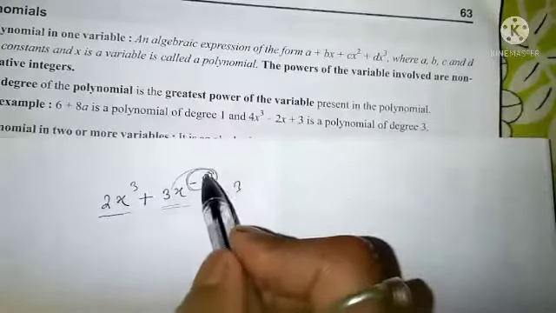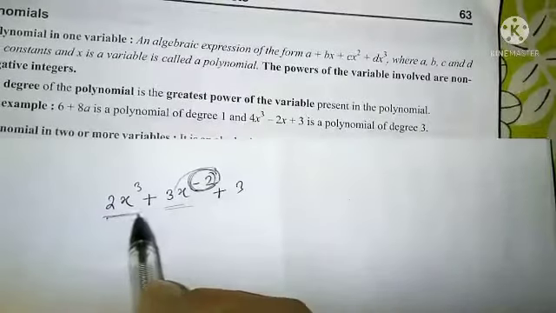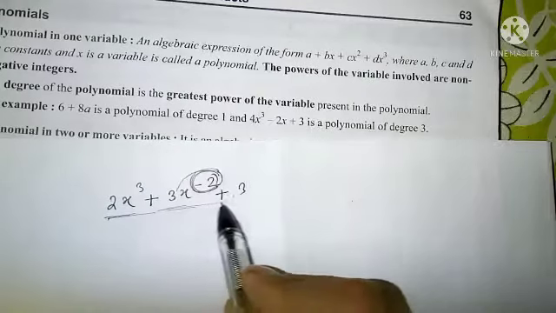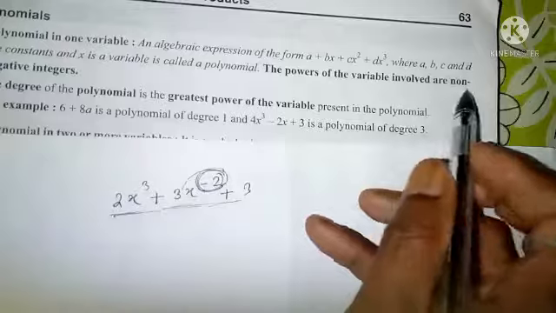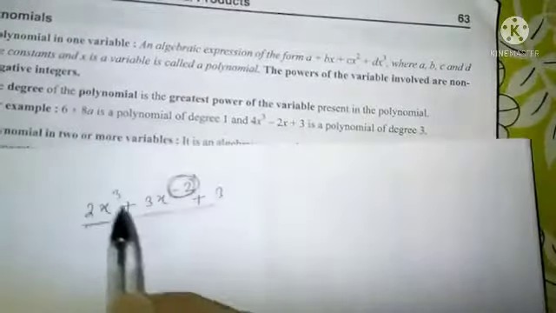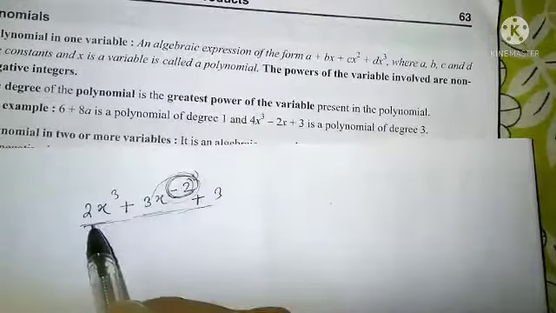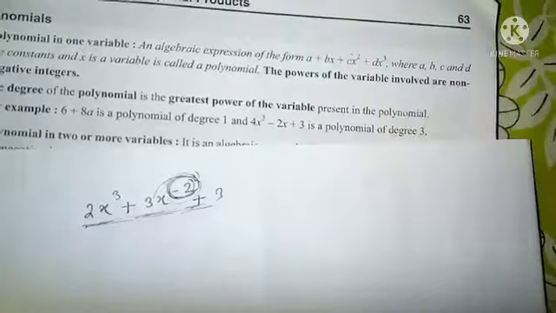So this cannot be considered a polynomial. Why? Because the powers of the variable involved must be non-negative integers, but here the power involved is a negative integer, so we cannot say this is a polynomial in one variable.